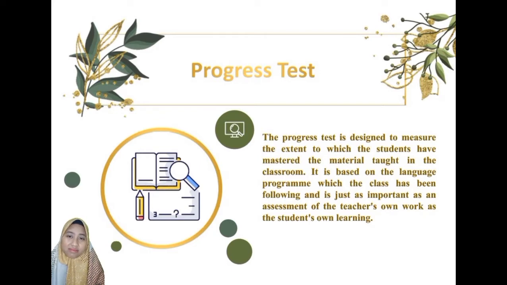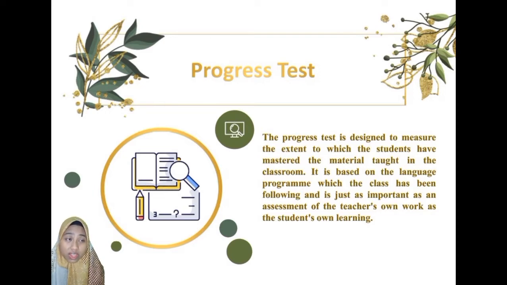So in the progress test, we can know the quality of our students' knowledge, and we can measure the extent to which the students have mastered the material in the classroom, because we have given all of the material. From this progress test we can give them tests, and after that, we can know the quality of their understanding.